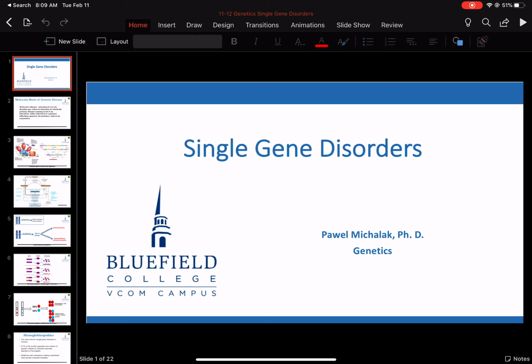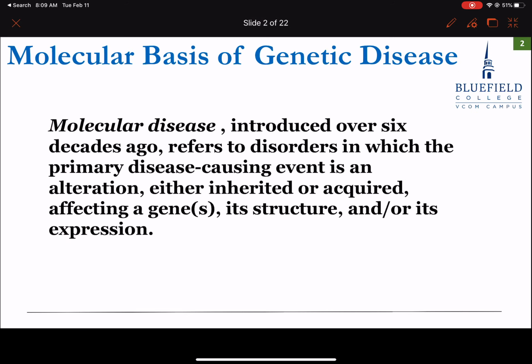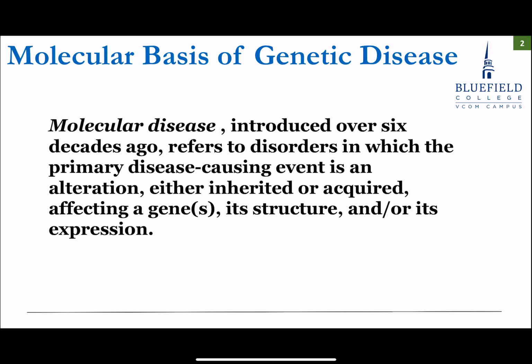So here's the definition. We're talking about genetic or molecular disease. Molecular disease is a broader term than genetic, because when we say genetic, we typically think about inherited condition, right? A molecular disease, a term introduced over 6 decades ago, refers to disorders in which the primary disease-causing event is an alteration, either inherited or acquired, affecting a gene, its structure, or its expression.